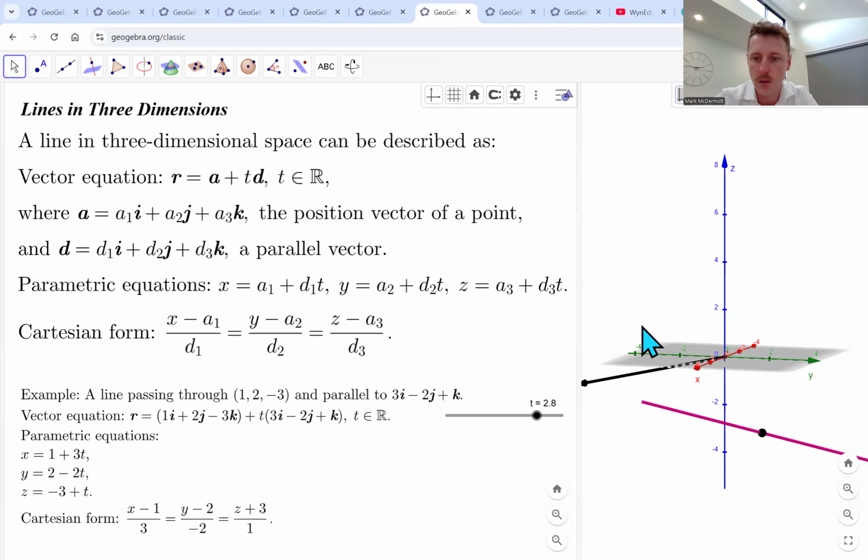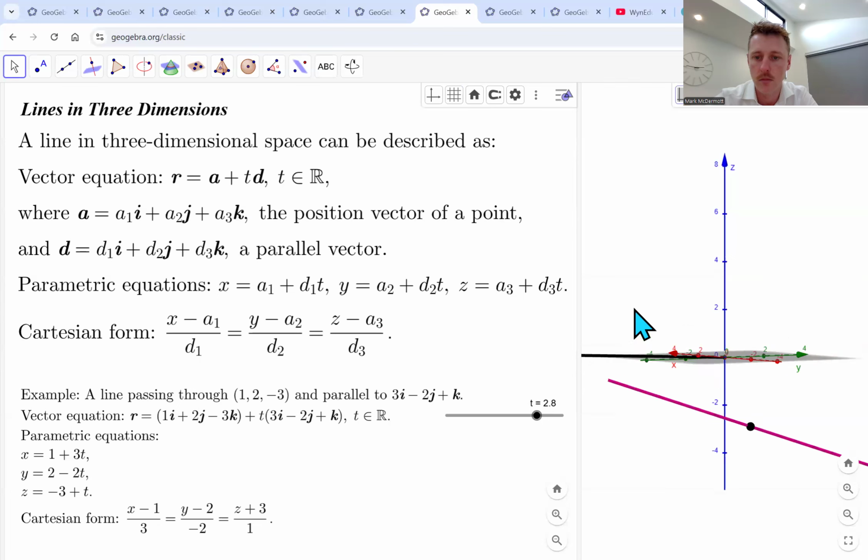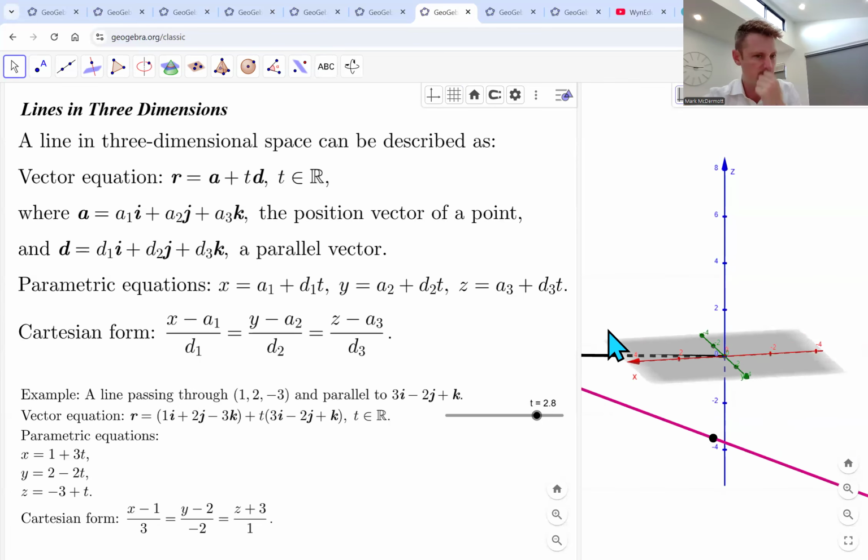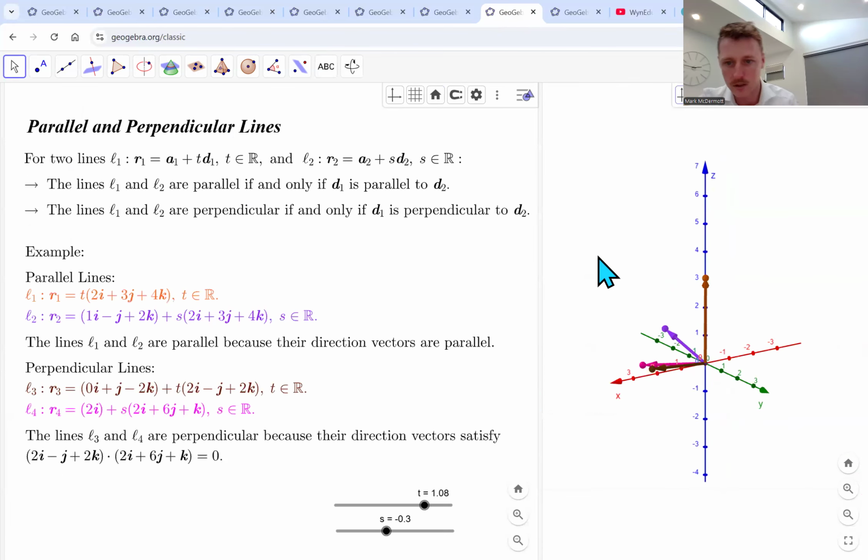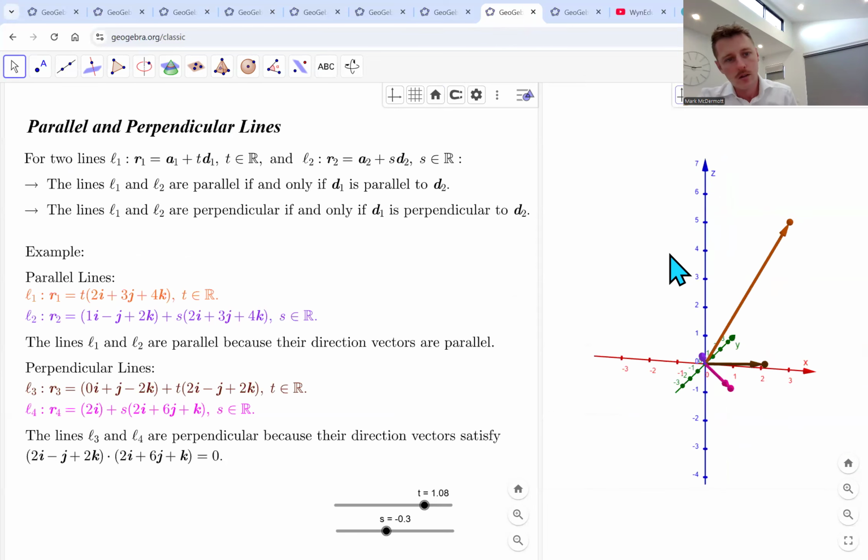And then all of those are valid ways to represent the line in 3 dimensions. Vector equation, parametric equation, Cartesian form. Okay, almost there. 2 to go. Next one's going to get hectic. So hopefully you've got good color vision because we're going to need to distinguish between all these different colors here, which should be a bit of fun.